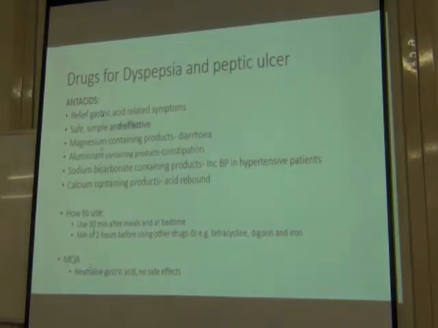So which are the drugs we use for dyspepsia and peptic ulcer? The first class of drugs we're looking at are called antacids. Antacids are chemical formulations used for the relief of acidity. So if a patient has hyperacidity, you can use antacids.